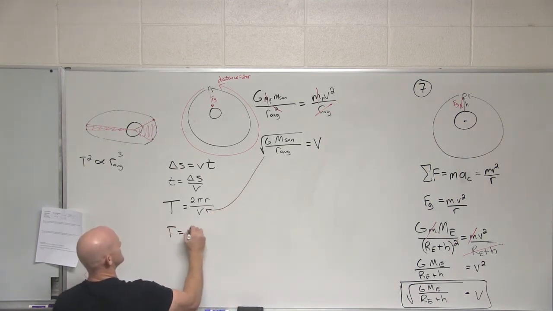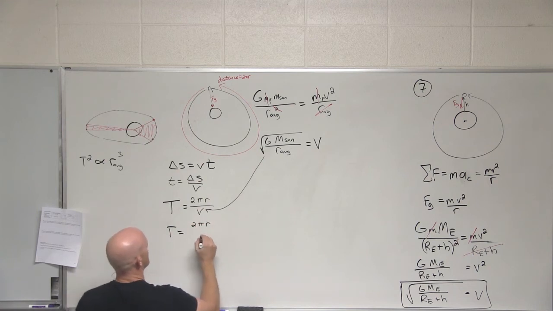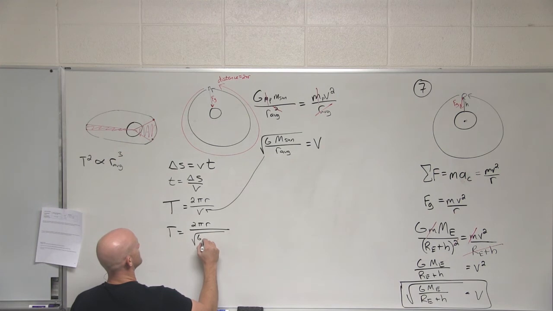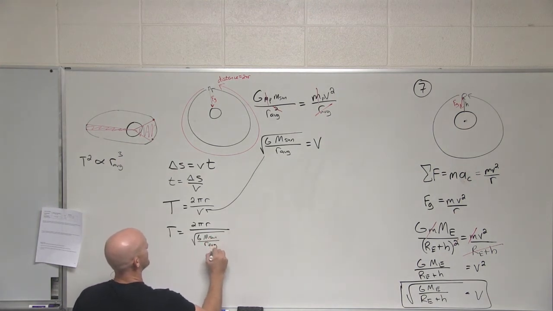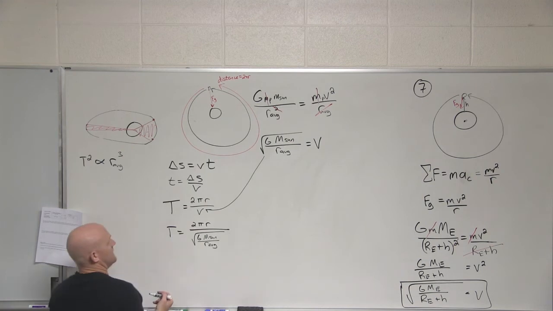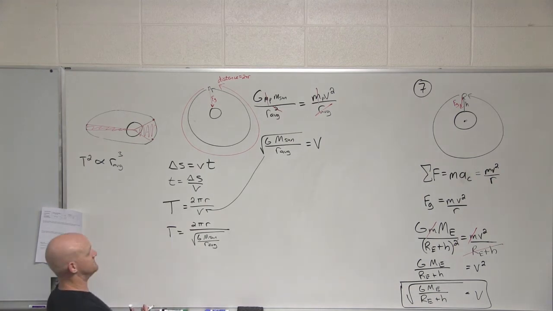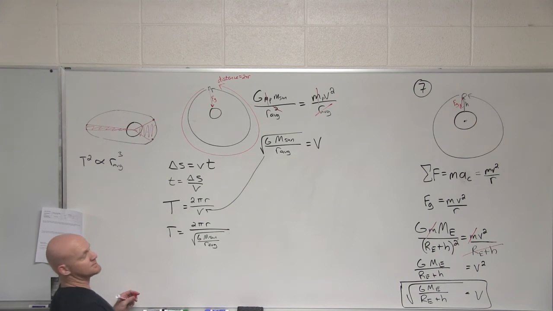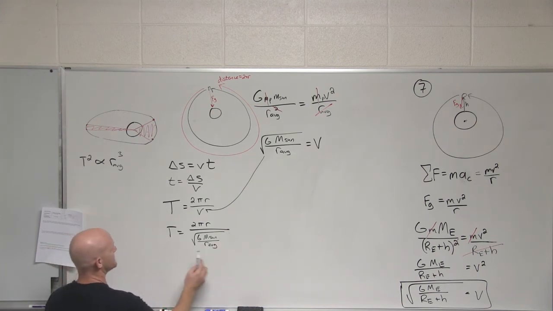So we'll get T equals 2 pi r over the square root of G, mass of the sun, over r average. And what do I need to do here? This doesn't look pretty. How do I derive something looking like this? Yeah, let's square both sides, get rid of this whole square root term.